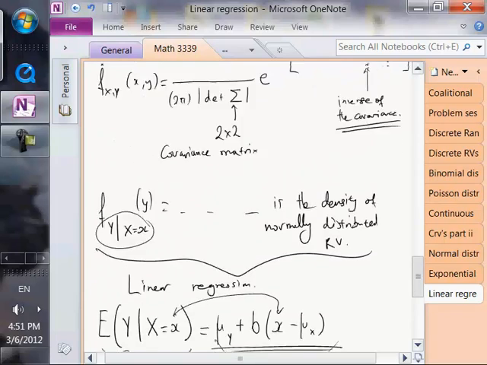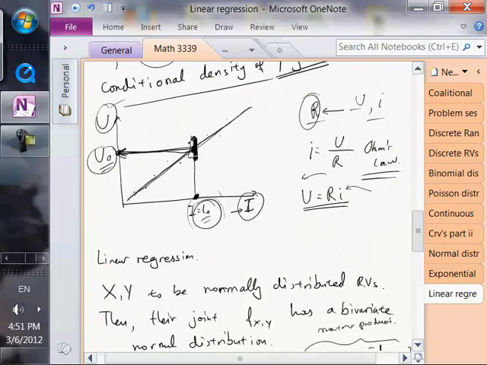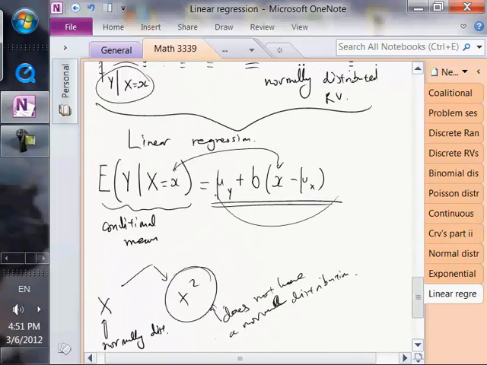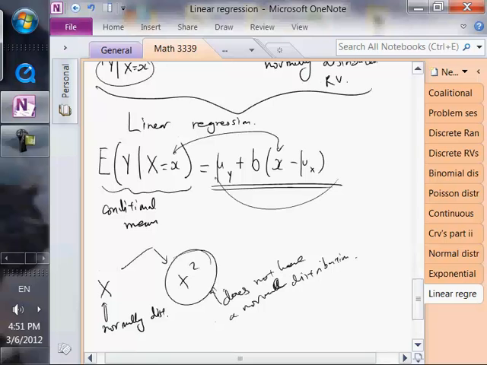So the correlation coefficient is what determines how close they are. And actually this b is rho, the correlation coefficient, times sigma y divided by sigma x.